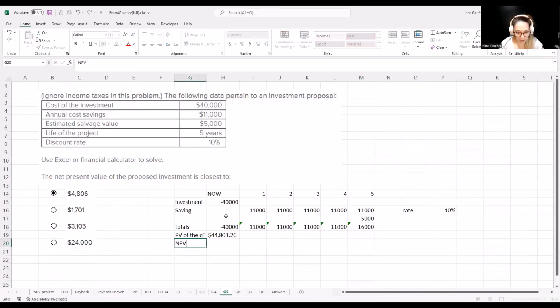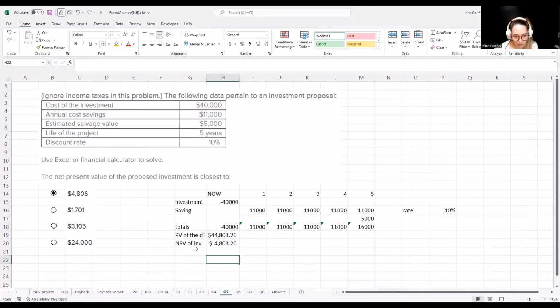So the net present value of the investment or the project is the difference between how much I'm spending in today's money and how much I'm getting in today's money, right? So they're asking, what is my profit in today's money? So I can compare apples with apples and bananas with bananas. I don't compare today's money with future money.